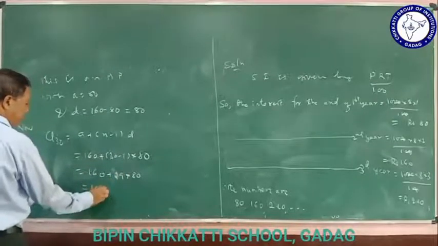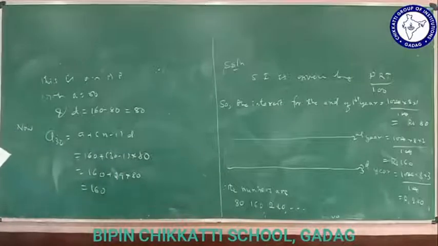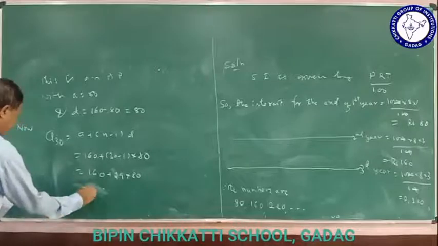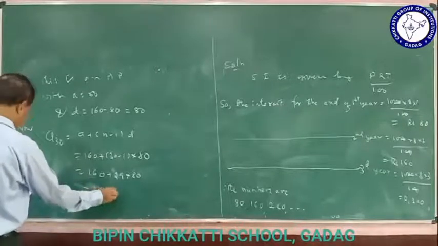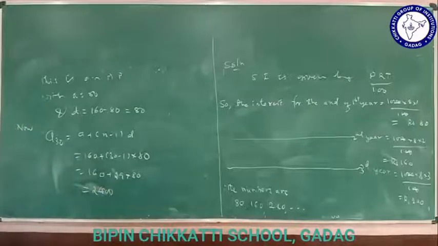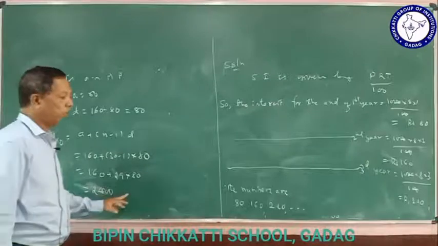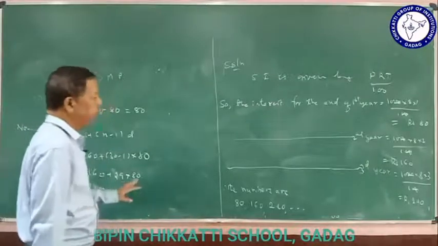Here you have to calculate the result. If you simplify, I write the amount directly here: 2400. So the interest at the end of 30 years is 2400. What do you say?